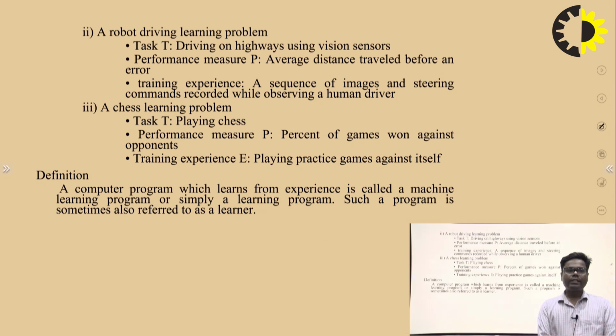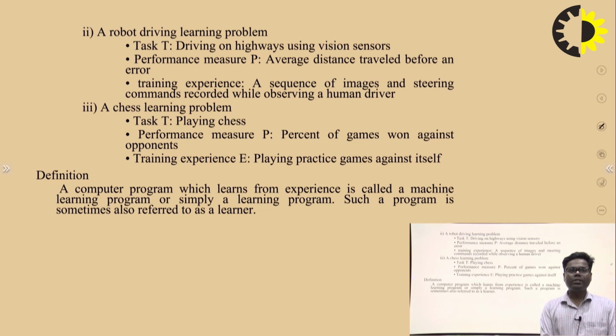Now the next example is a robot driving learning problem. Task T: driving on highways using vision sensors. Performance measure P: average distance traveled before an error. Training experience E: a sequence of images and steering commands recorded while observing a human driver. Meaning, if a robot is driving a car on the road, the task is driving on highways using vision sensors.